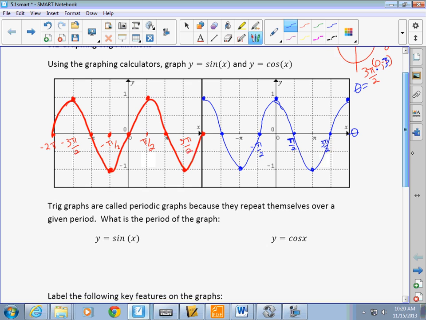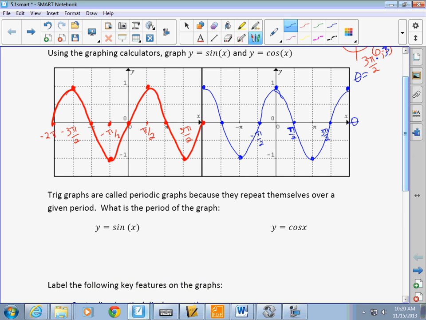Makes sense, though? Okay, so it says trig graphs are called periodic graphs because they repeat themselves over a given period. If we looked at this, we started at 0, 0 for both of them, and for the sine graph, it went up, came to 0, went down, and then came back.